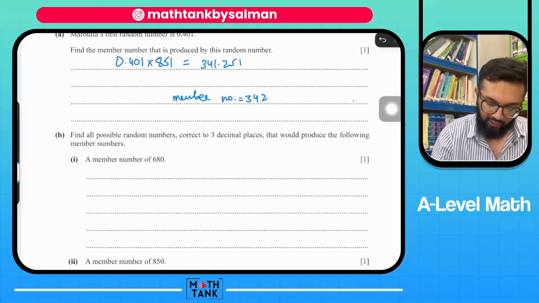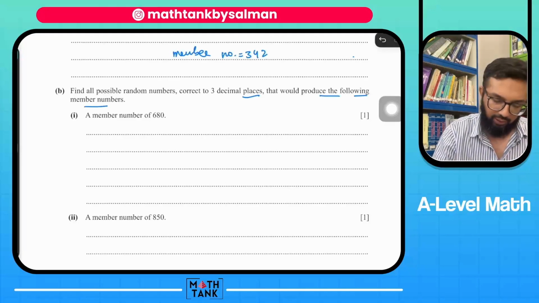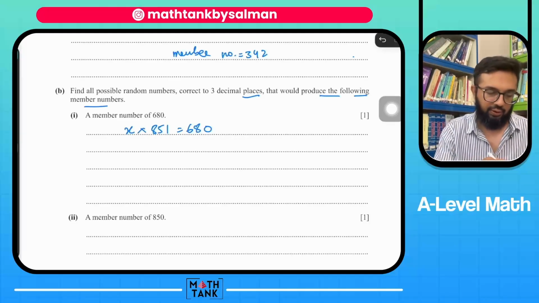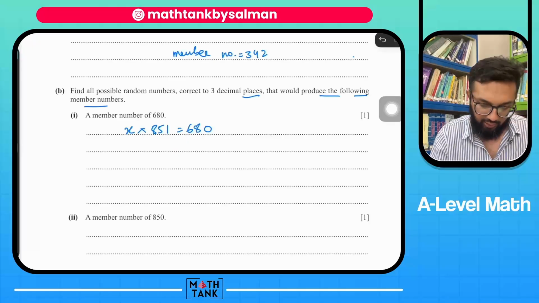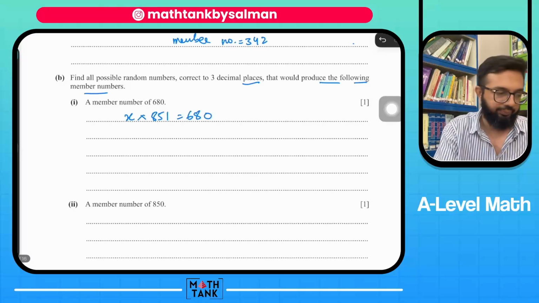Find all possible random numbers, correct to three decimal places, that would produce the following member numbers. So I want this to be 680. I know that this has to be 851. What is my random number that I'm multiplying? So first I'm going to divide 680 by 851.